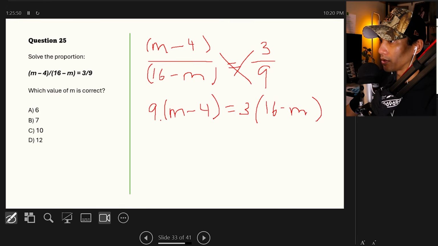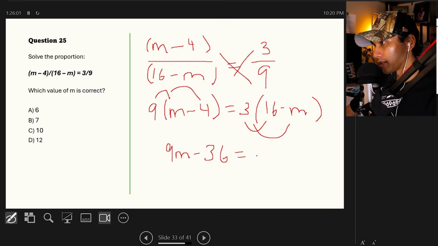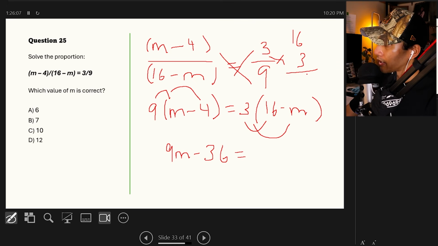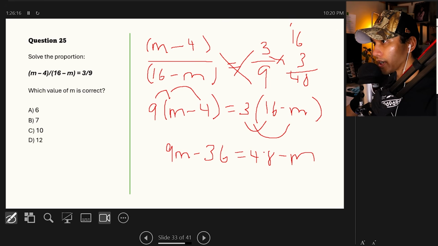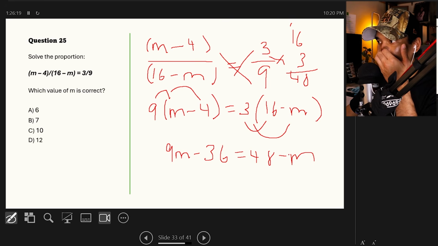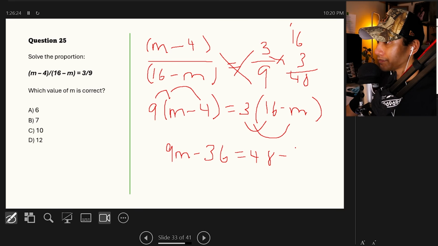And then you would just distribute like we learned on problem 1. 9m minus 36 equals, what is this? That is 16 times 3, that is 48, minus 3m. And then you would combine all the like terms and isolate.